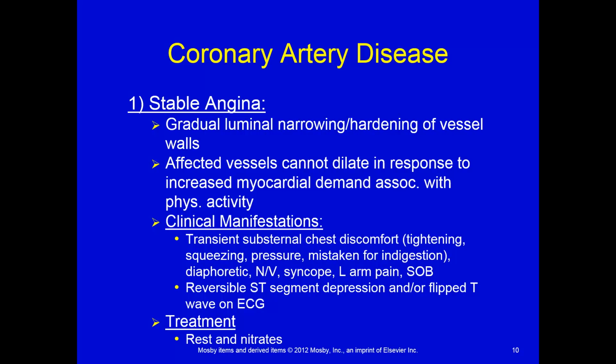So when we exercise, when we exert ourselves, normally our coronary arteries that feed into our heart muscle can dilate to allow for increased blood flow to that myocardium when you're increasing your heart rate during exercise or during fight or flight or whatever it may be. So someone with stable angina, with this narrowing and hardening of those coronary arteries, can't do that. They can't dilate their vessels to compensate for increased activity.